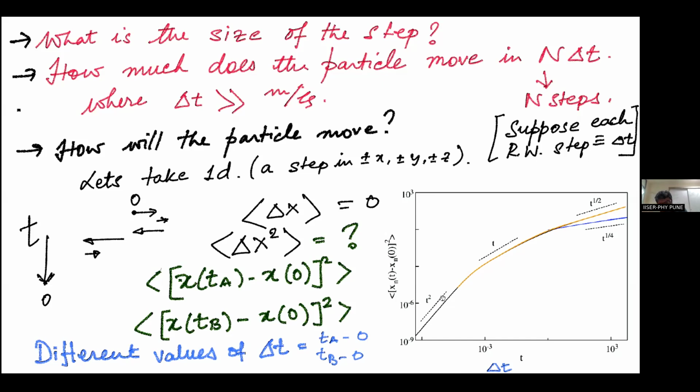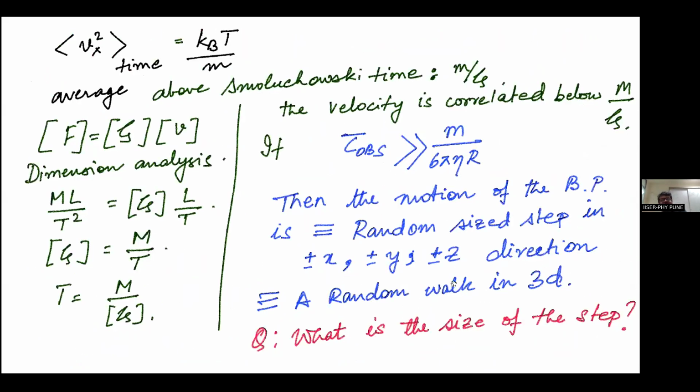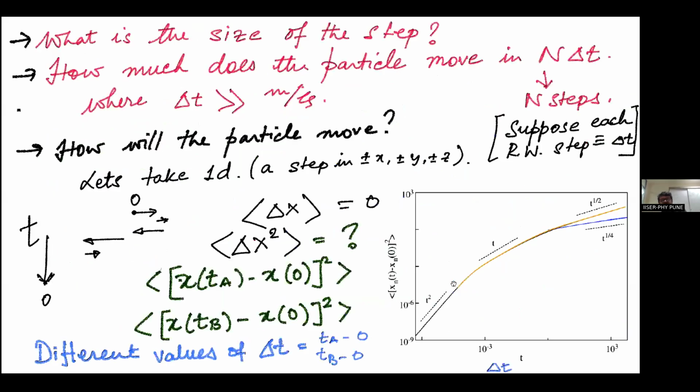It has memory. It's only at long times that you get the so-called random motion reminiscent of a random walk, where displacement whole square average was going as n, being the number of steps, or here n delta t is the time.